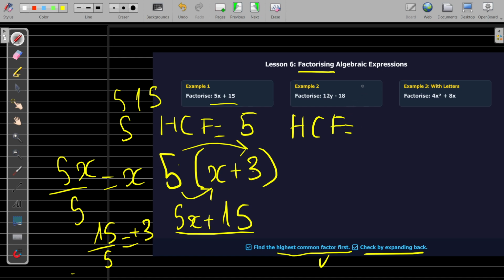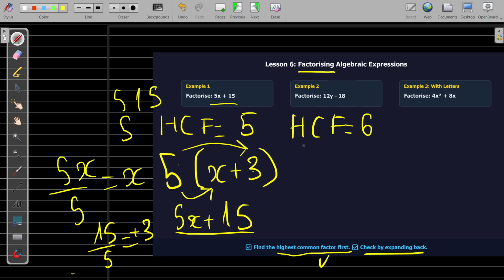Doesn't work because 18 can't divide by 4. So we'll settle with the number 6. You can test this with the numbers 7 up to even 11 or 12, but you'll find that there is no other number that both of these can divide by. So 6 is the highest, so always pull the highest factor possible.